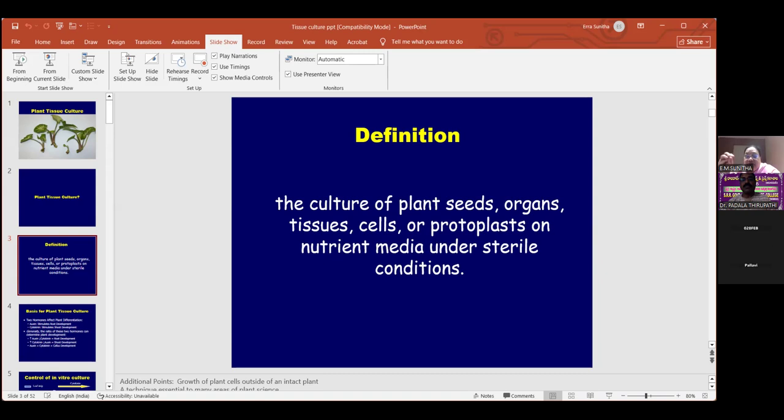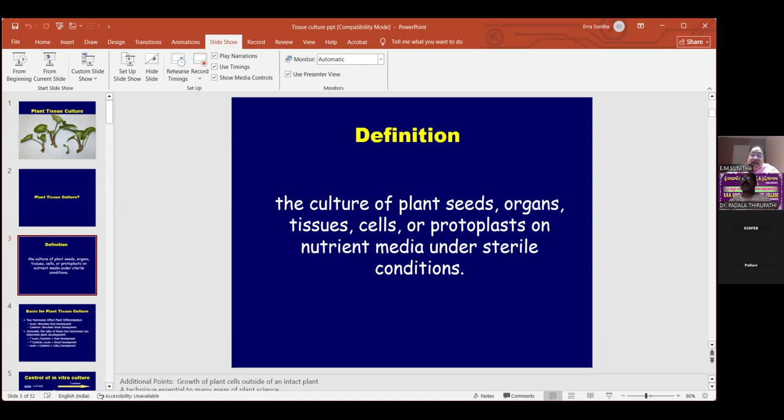So where are we doing tissue culture? Under artificial, outside or laboratory conditions, so you call that in vitro conditions. So in vitro conditions require nutrients.